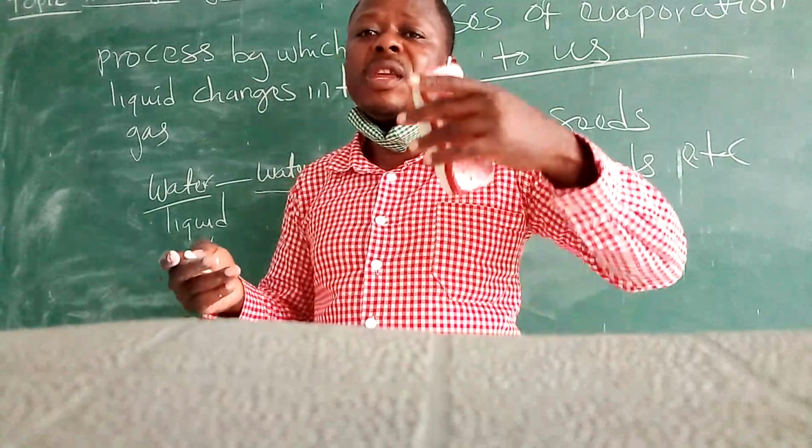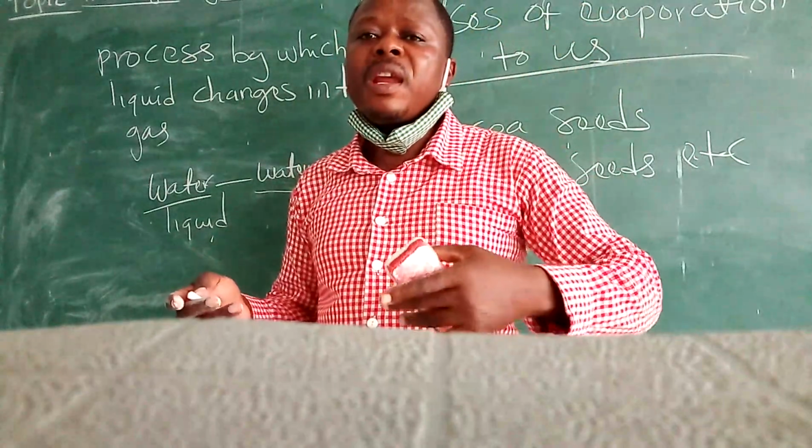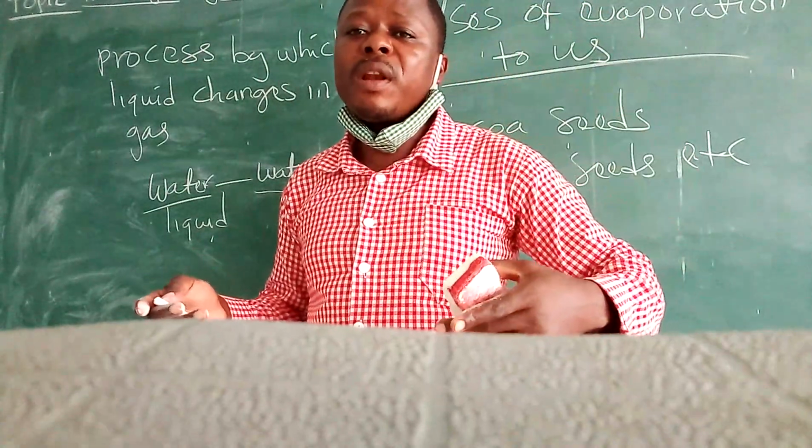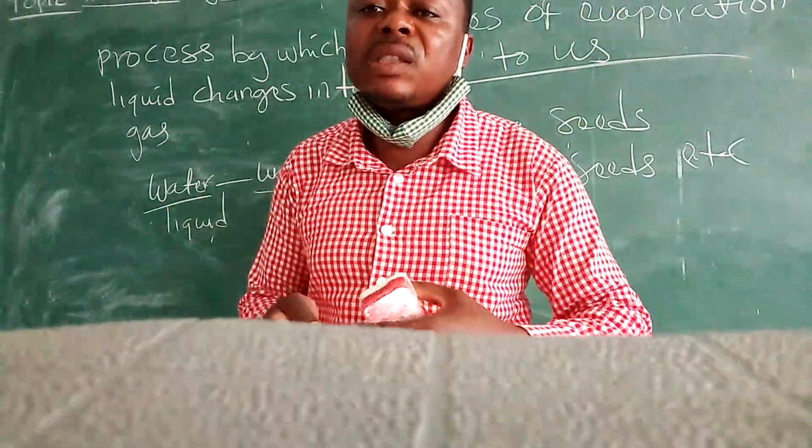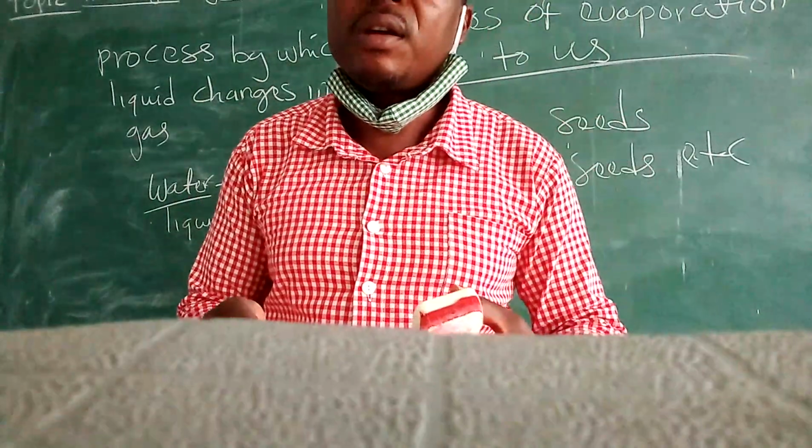It will evaporate into the sky as water vapor. When the water vapor comes together and becomes heavy, it will condense and fall back on earth as rain.